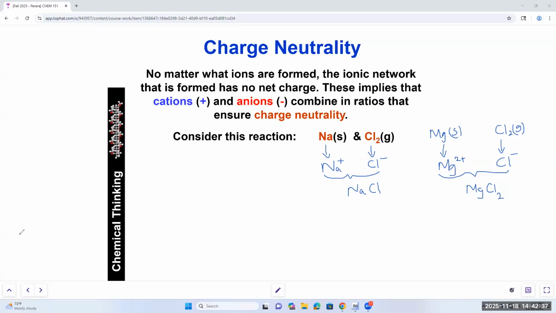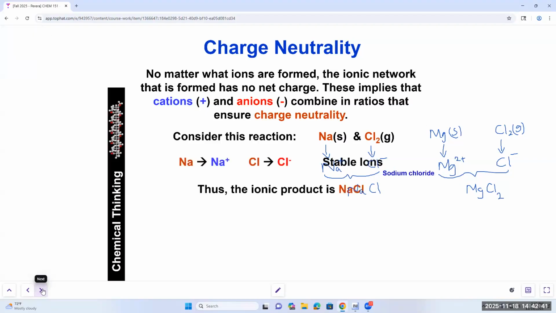All right, let's do one more. Let's combine aluminum, or aluminium, which one is it? Is it aluminum? Aluminium. All right, so let's combine aluminium solid with oxygen gas. What do we get? Go ahead. This is before. So, one more time, the idea is to have a neutral compound.